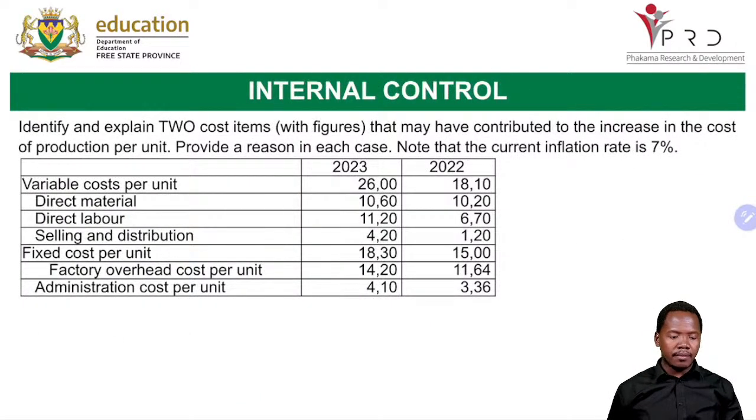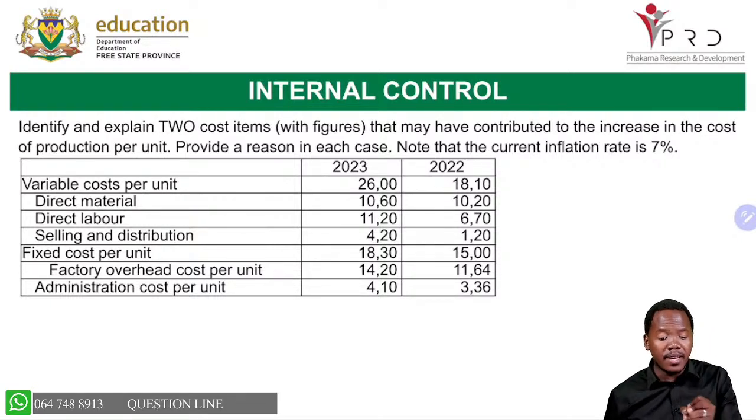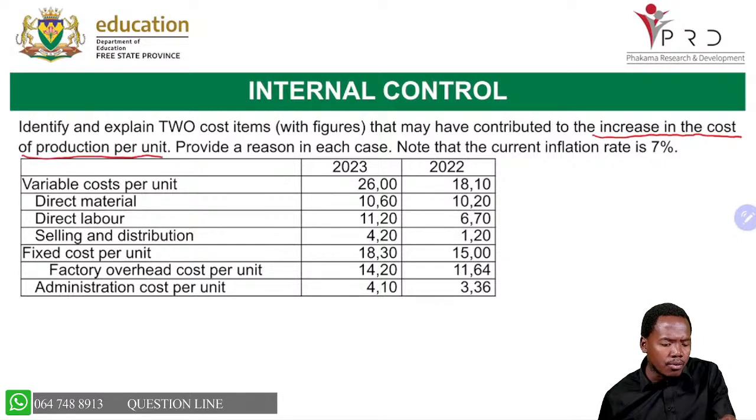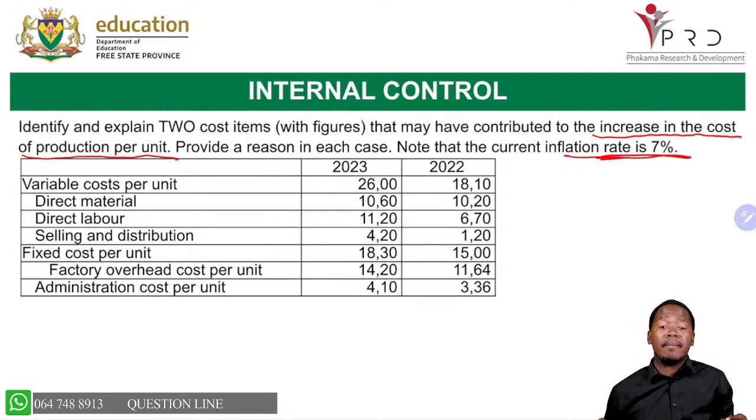Now, next question. Internal control here now. It says identify and explain 2 cost items with figures that may have contributed to the increase in the cost of production per unit. Provide a reason in each case. Note that the inflation rate is 7%. Why do they give you that inflation rate of 7%?